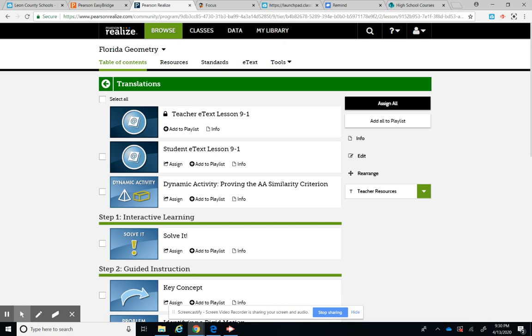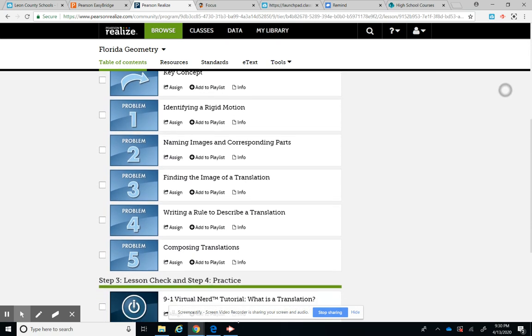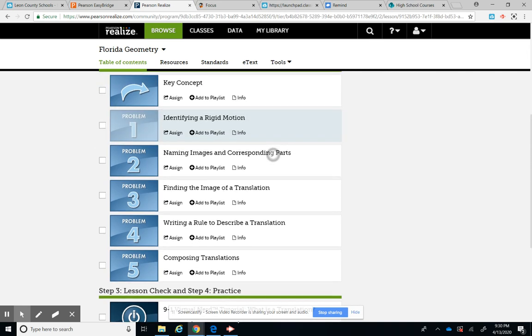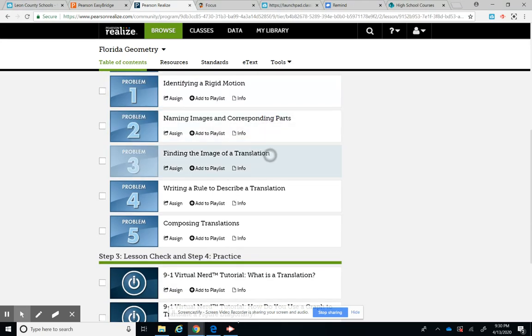If you wanted to go here to work through your problems, you can. Right here, identifying a rigid motion, naming images and corresponding parts, finding the image of a translation, writing a rule, and composing translations. We've done problems 1, 2, 3, and 4. I'm going to click on composing translations just to show you that it walks you through it.